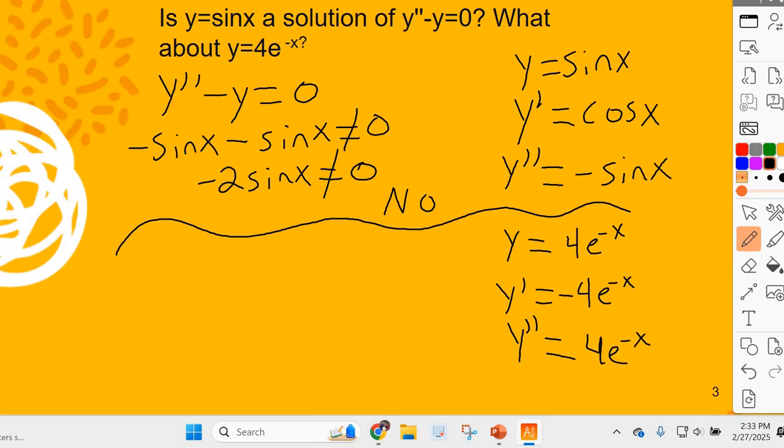Do we remember what our trig functions, sines and cosines, and our e to the x's are called? They have a fancy name. They're called our transcendental functions. Basically, transcendental functions are the functions that don't go away when I take the derivative of them.